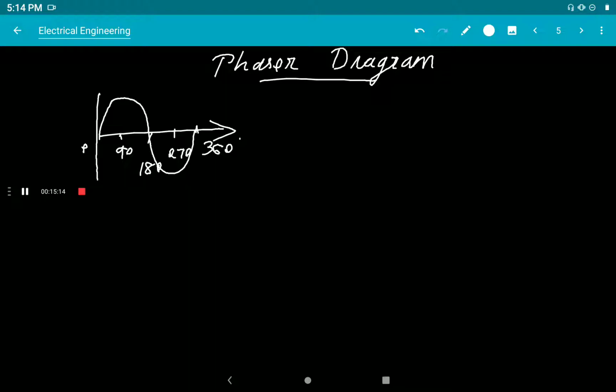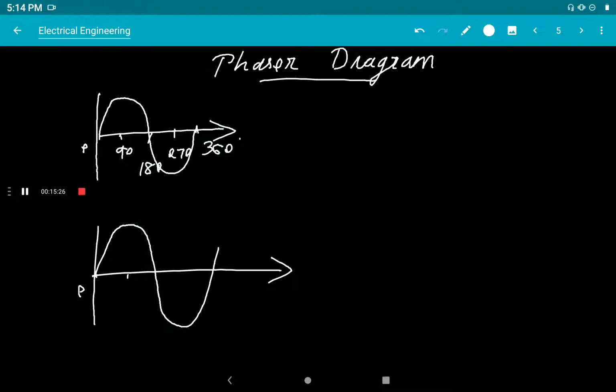In degrees we represent angular relations like this, and in radians, as you may have studied in smaller classes, 0, pi by 2, and this one, 180 degrees, in radians is pi, this one is 3 pi by 2, and this one is 2 pi. So this is in radians. Okay, this is in degrees.